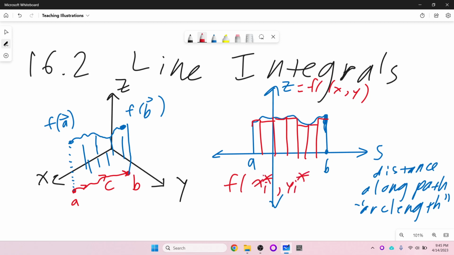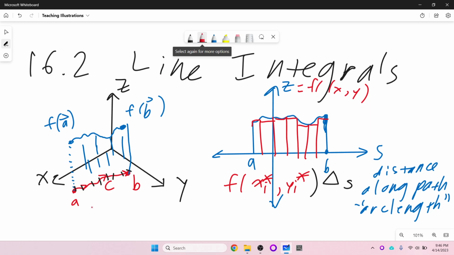That is a point. If we were to take the path and split it up into little pieces like this, it would be a point from each interval times delta s, which is the width of each one of these rectangles.